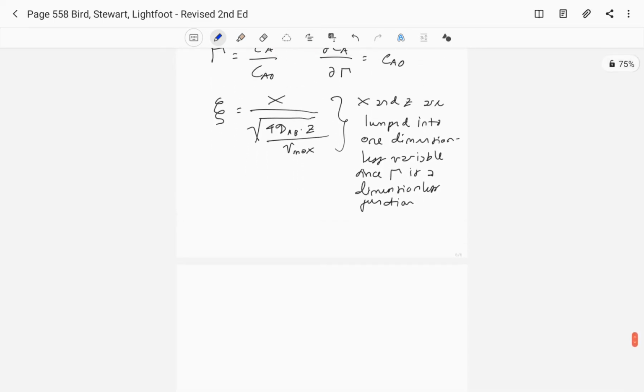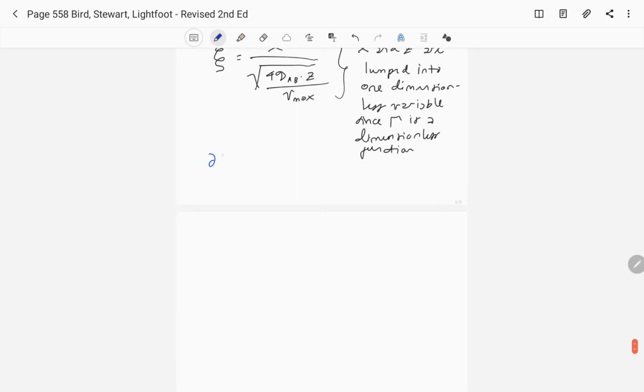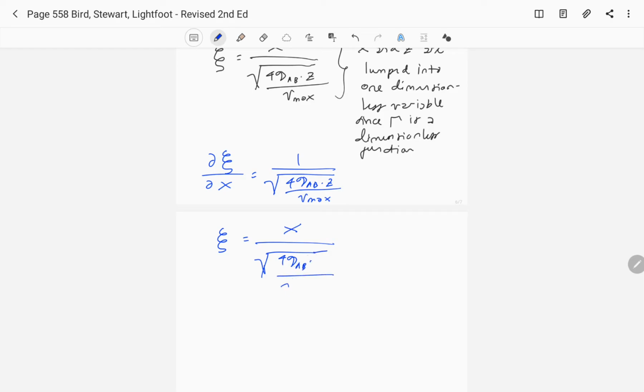Okay, let's start first with the derivation of this with respect to x. So that will be 1 over root of 4 DAB z divided by Vmax, and then your eta in here can be written in terms of these variables, x divided by root of 4 DAB divided by Vmax multiplied by z raised to minus half.